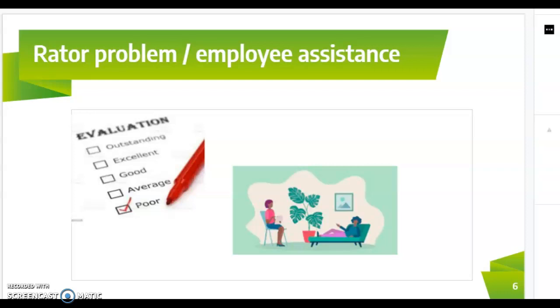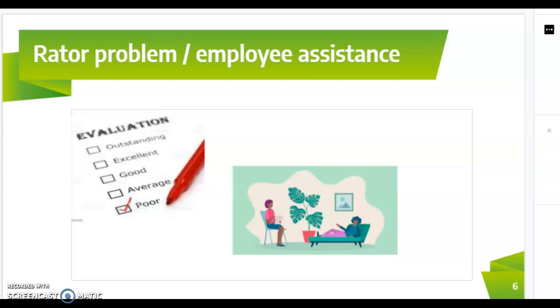When you do a rater problem, make sure you rate them on something that you told them about. If you grade on only looking at aspects of time management, then that is what should be graded. Not because they are good friends and they're nice to employees and you feel like they should get a grade. No, it's about what you agreed on, about their time management.